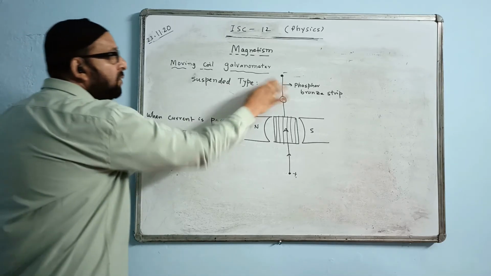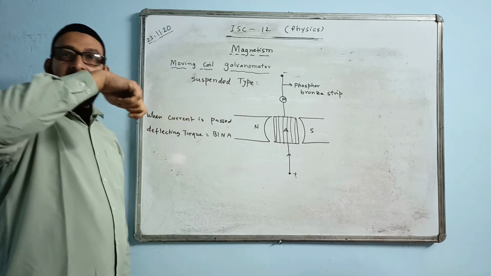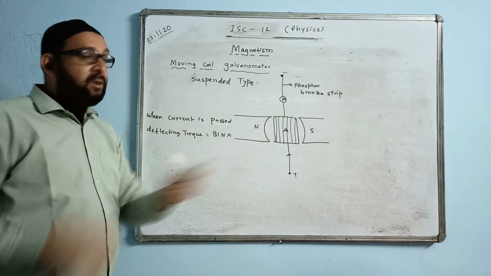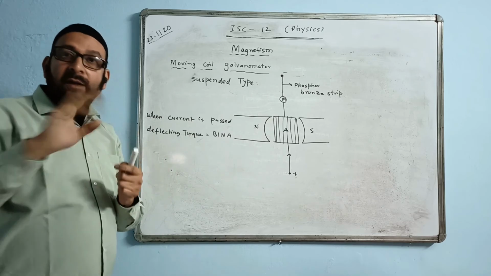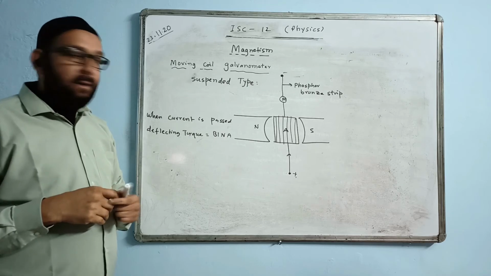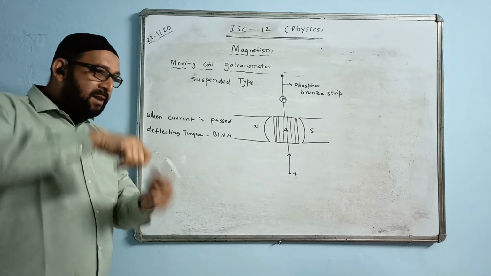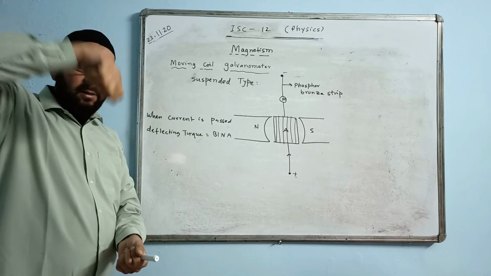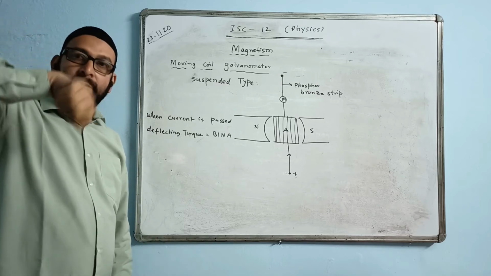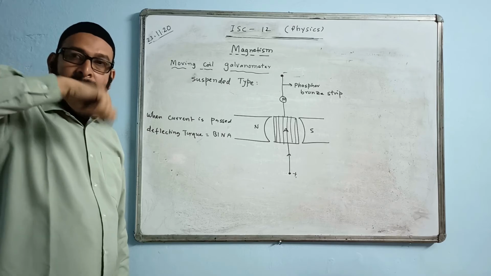And what is the use of the string or the strip suspended there? This will get twisted and the twist will create another torque, and that torque is called restoring torque. It's a matter of common experience also. Let us take something tied with a thread and turn it like this.